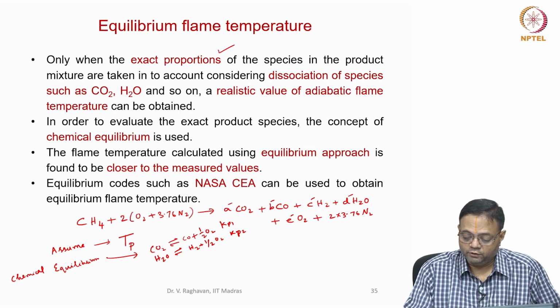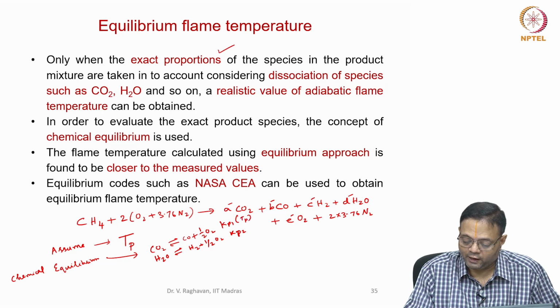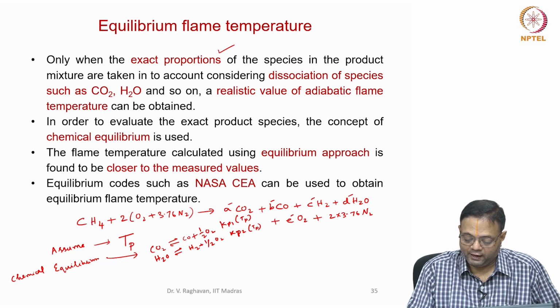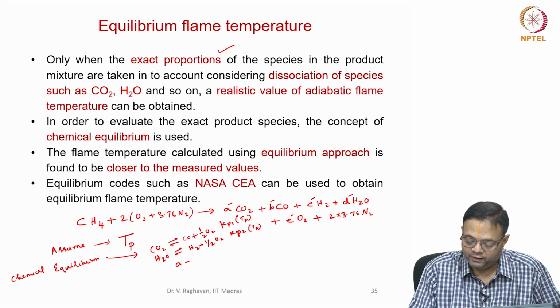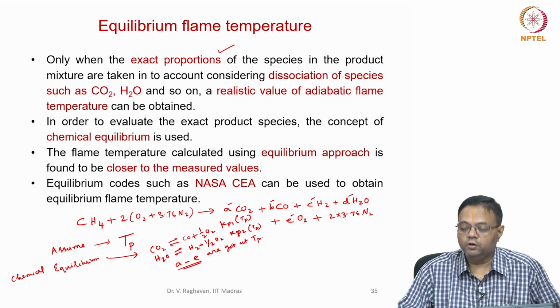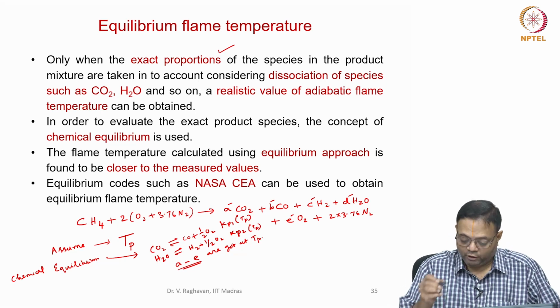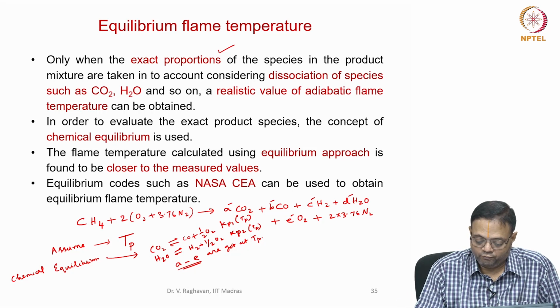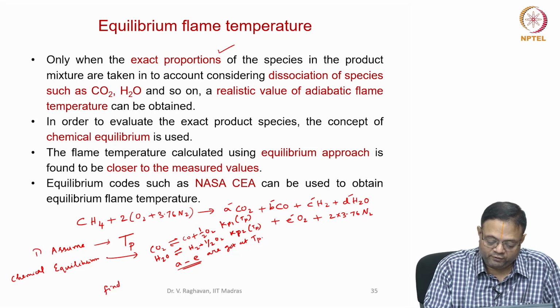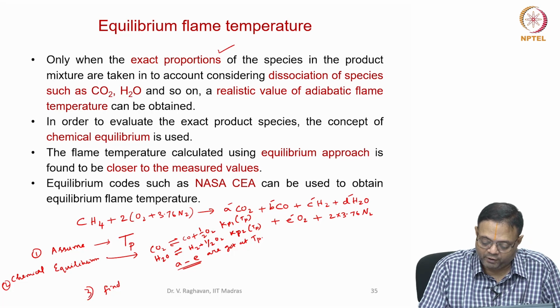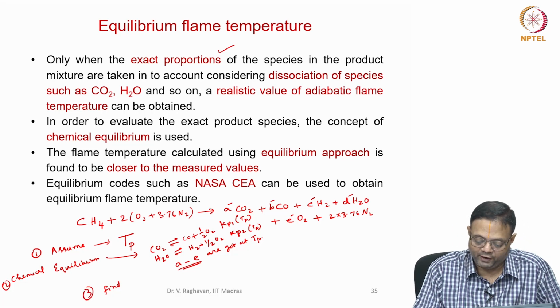These Kp1, Kp2 are calculated at Tp. Then I find the A, B, C, D, E values for the given Tp. This is the first step, this is the second, and now the composition is fixed, so now find Hp.